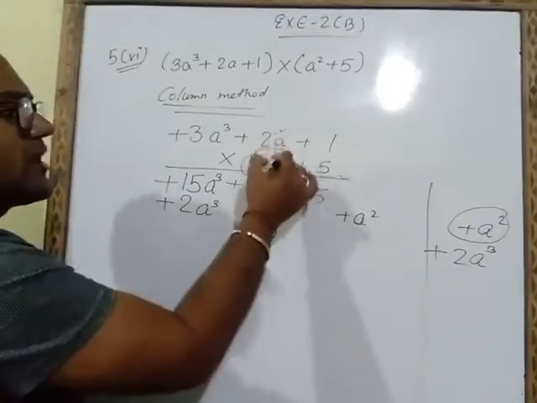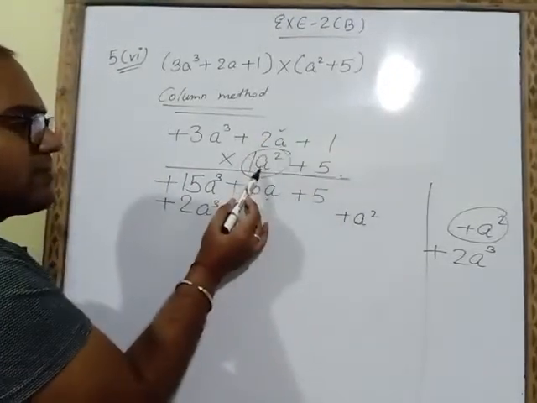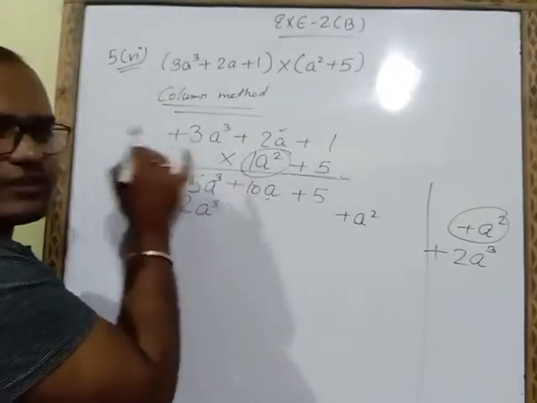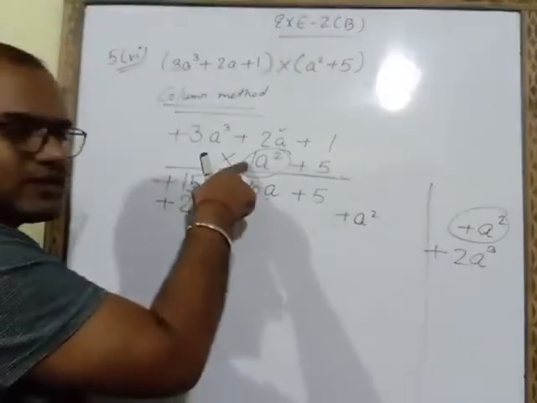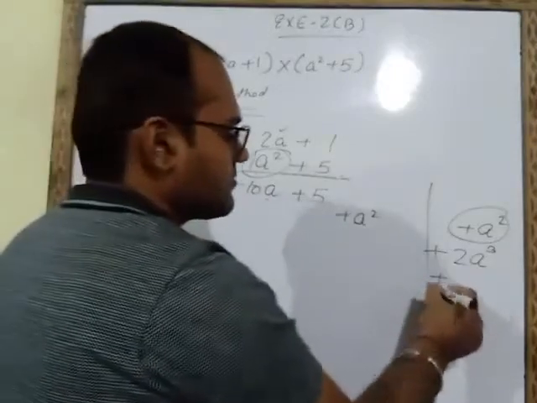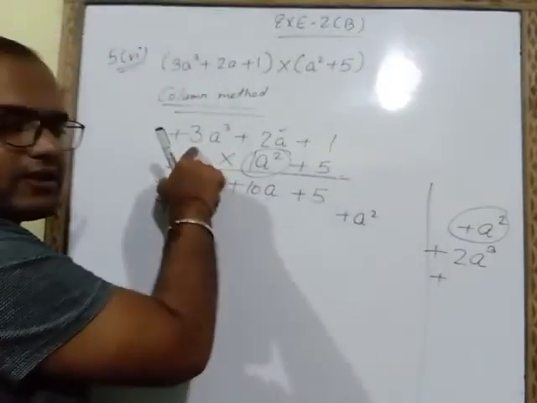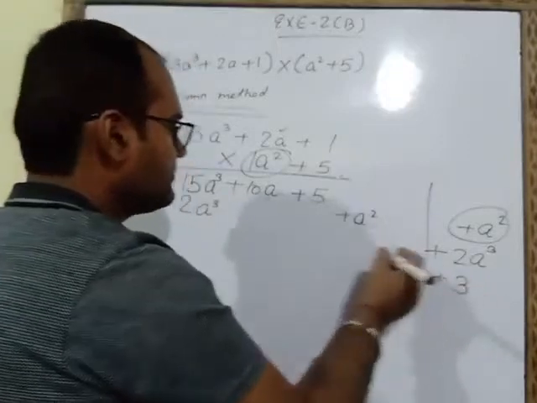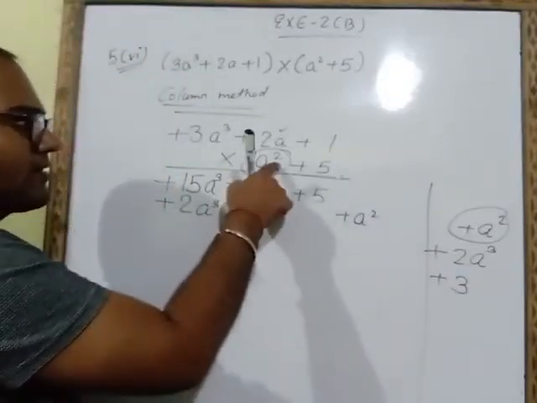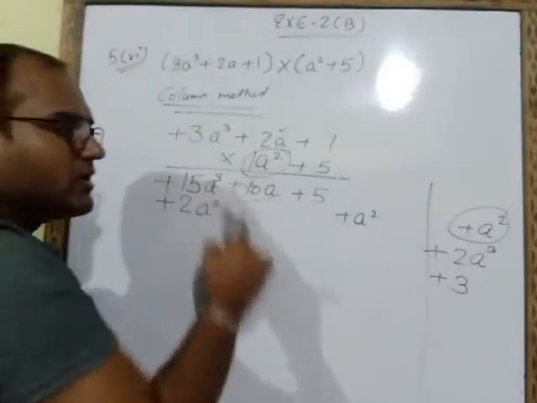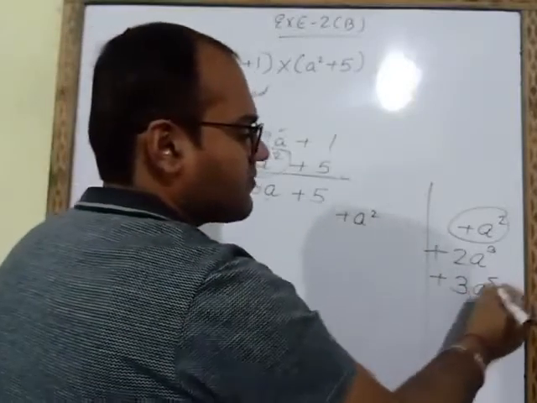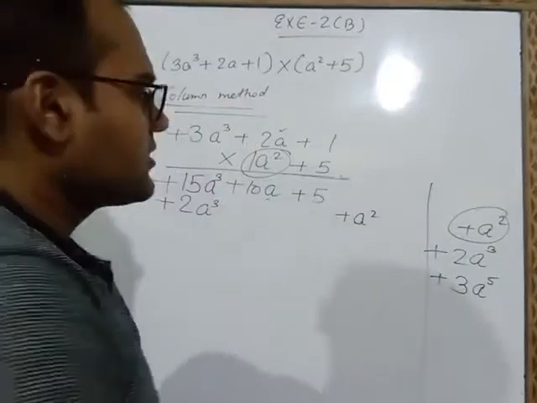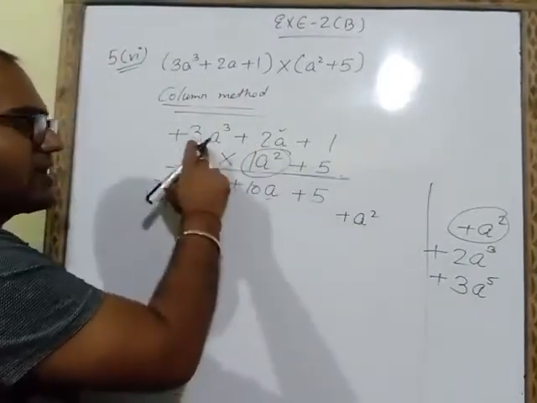Now these two we had multiplied. Now we have to multiply this term with plus 3a cube. So first of all we will multiply the sign. Plus multiply plus. 1 multiply 3, 3. A square multiply with a cube, when we do, then we will get a power 5. Power will get added. Here it is a square, here it is a cube.